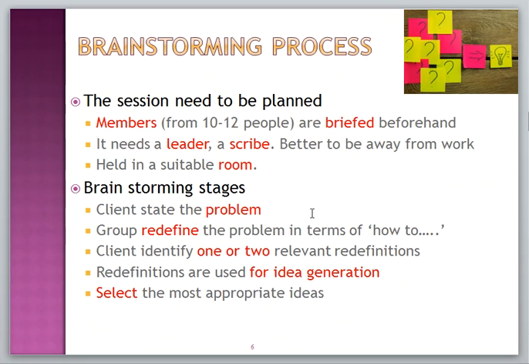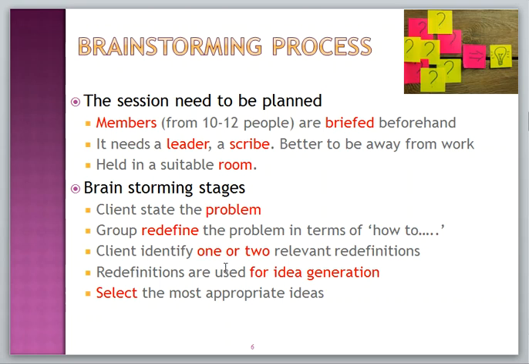So how does a brainstorming session go? First the leader or the client states the problem, and then the group redefines the problem in terms of "in what way might we" do something.